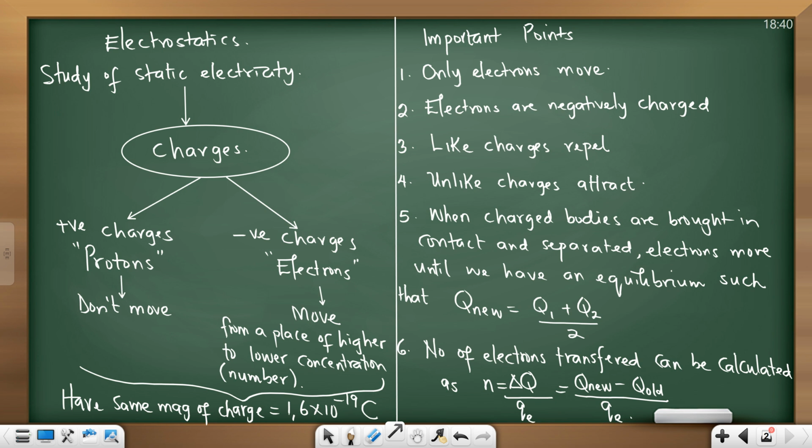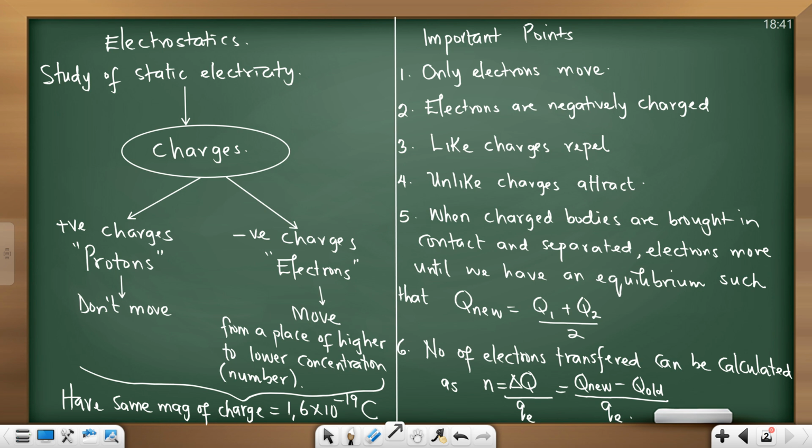Just some quick things before we jump into the grade 11 part. So we can calculate the Q new by saying Q1 plus Q2 over 2 if there are 2 charges in contact. If there are 3, then we just find the average of Q1, Q2, Q3 such that all the charges have the same.